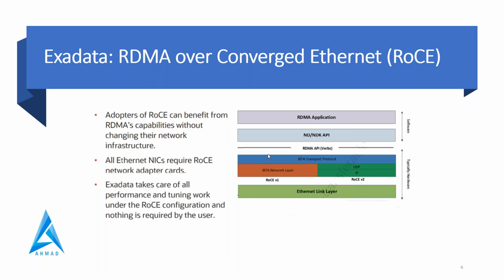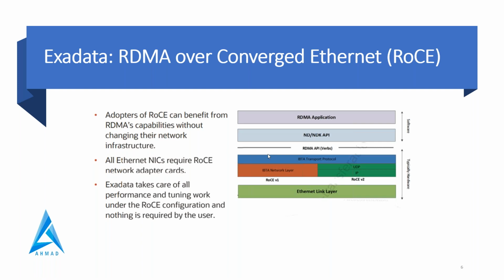This figure shows it. It does this by encapsulating an IB transport packet over Ethernet. Exadata takes care of all performance and tuning work under the RoCE configuration, and nothing is required by the user. This is an important point in this slide.